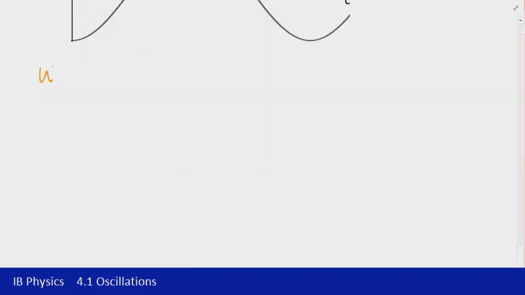Now in that situation, while all three graphs have the same period, which makes sense considering that they're all part of the same scenario, they are doing different things at different times in terms of maximums and minimums.